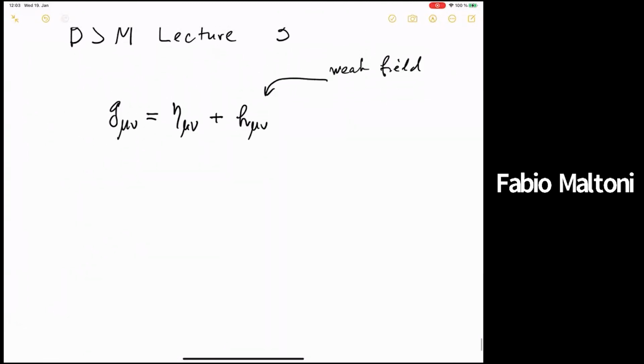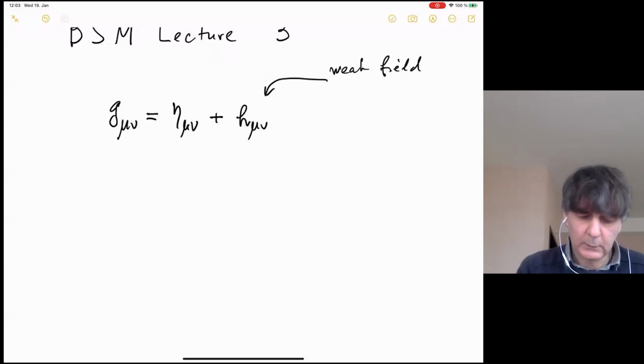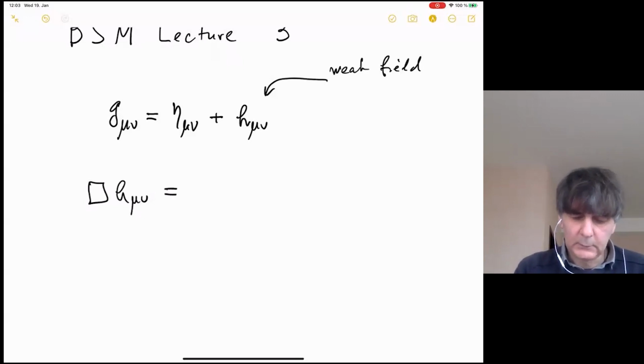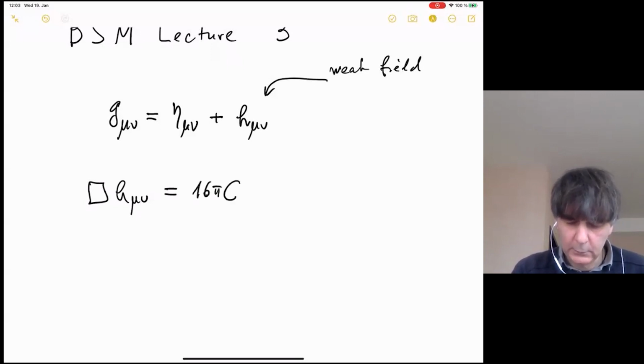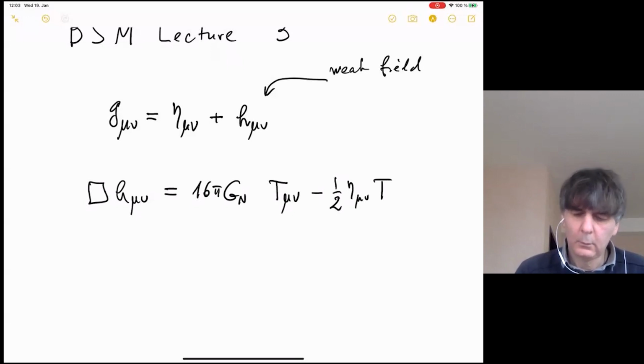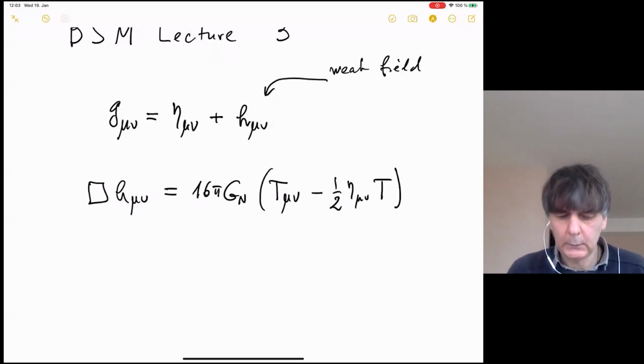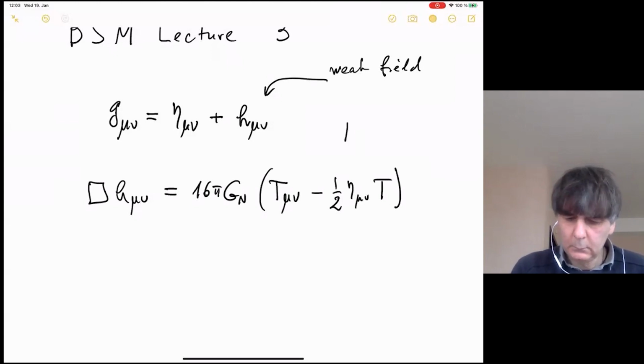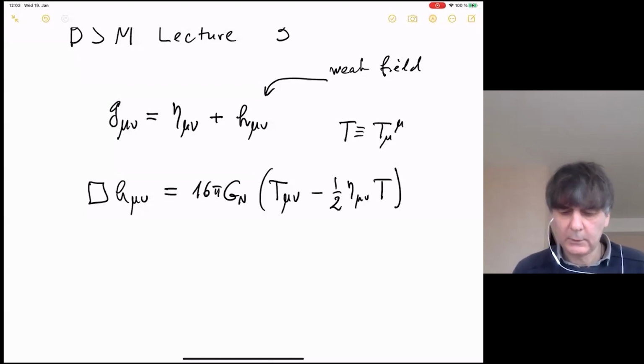And so at the linear level, we decided that there was a simple equation for this linearized fluctuation. There was the 16 pi G Newton, but then there was a tensorial structure of the source of the following sort, and T notation is simply the trace of the energy momentum tensor.